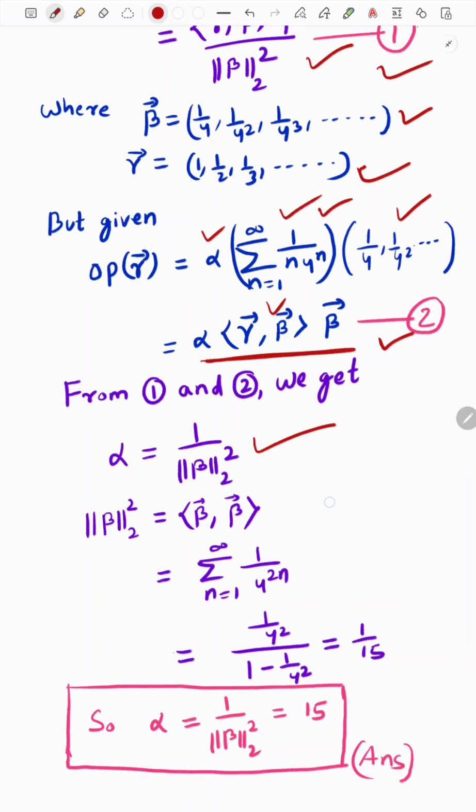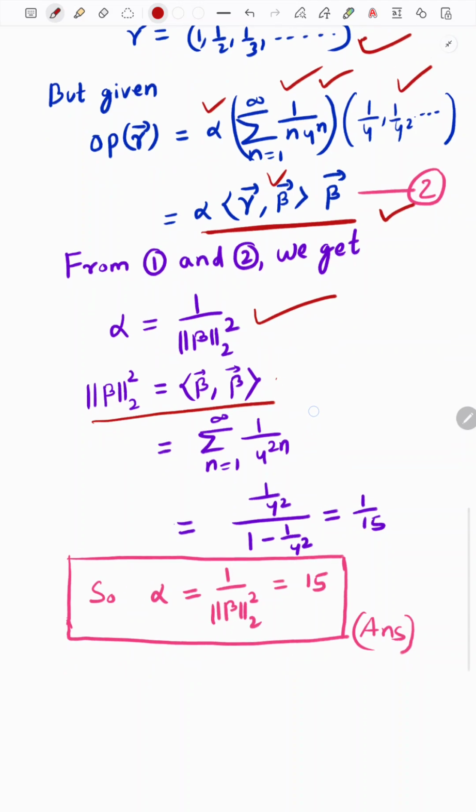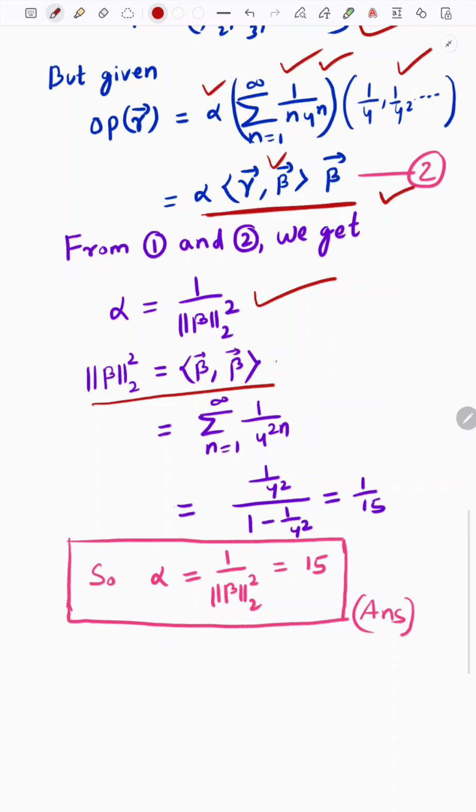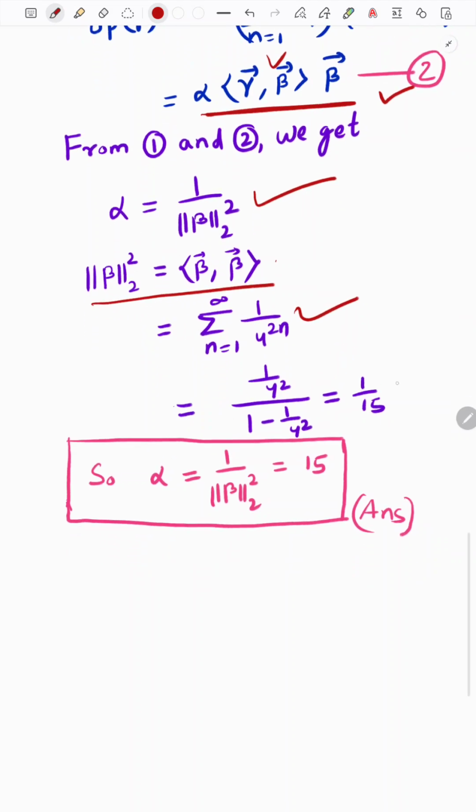But we know that from the definition of the inner product, beta 2 norm square is nothing but the inner product of the beta vector with the beta vector, and it turns out to be this series. And if you calculate the value of this series, it is equal to 1 upon 15, and our alpha value is 1 by 1 upon 15, so it gives 15.